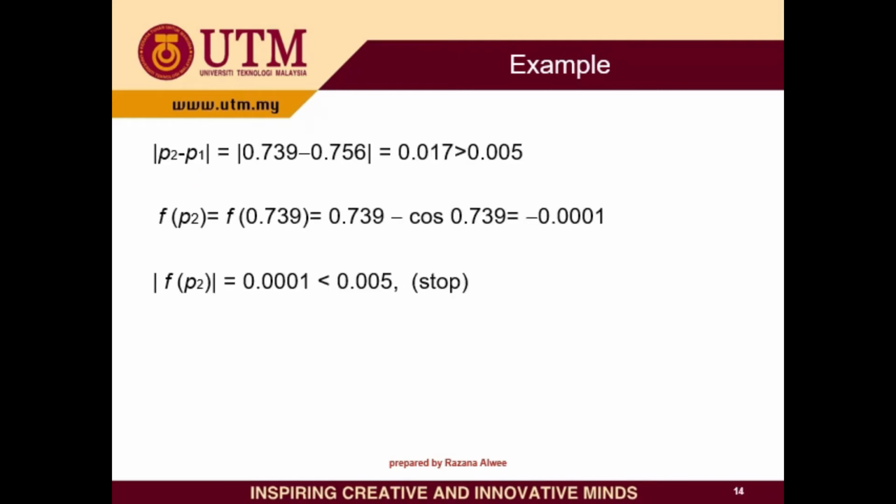Then we check again both values, the p2 minus p1 and f(p2), whether it is less than our error, here 0.05. For the first one it is not. For the second one it is negative 0.001, so it is less than our error, so we can stop at p2. We don't need to go for the next iteration.